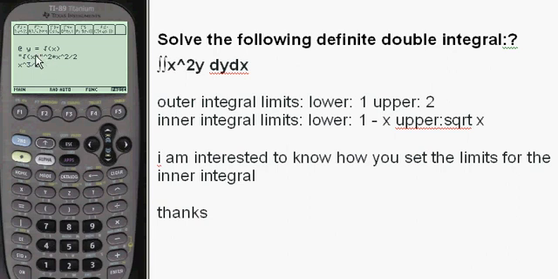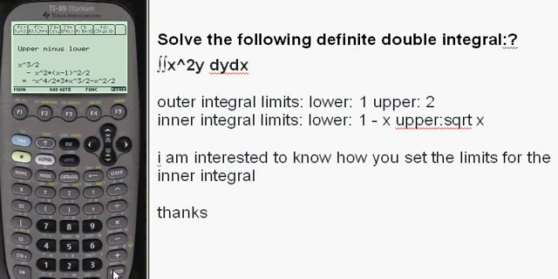We're doing the square root of x, squared times y, and here we are. This is what the answer turns out to be. At the upper limit, 1 minus x, we put that in, and here's the answer for that. We subtract the upper minus the lower, and it turns out to be this.